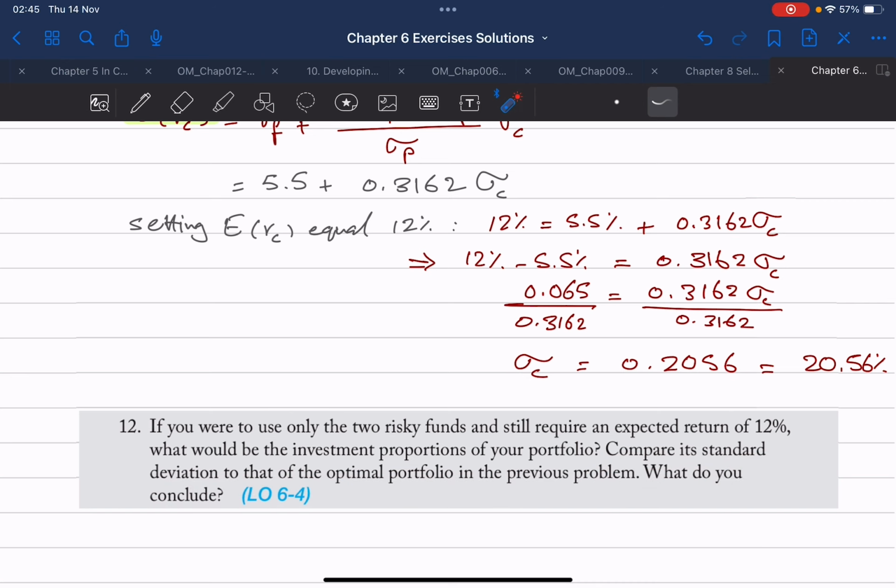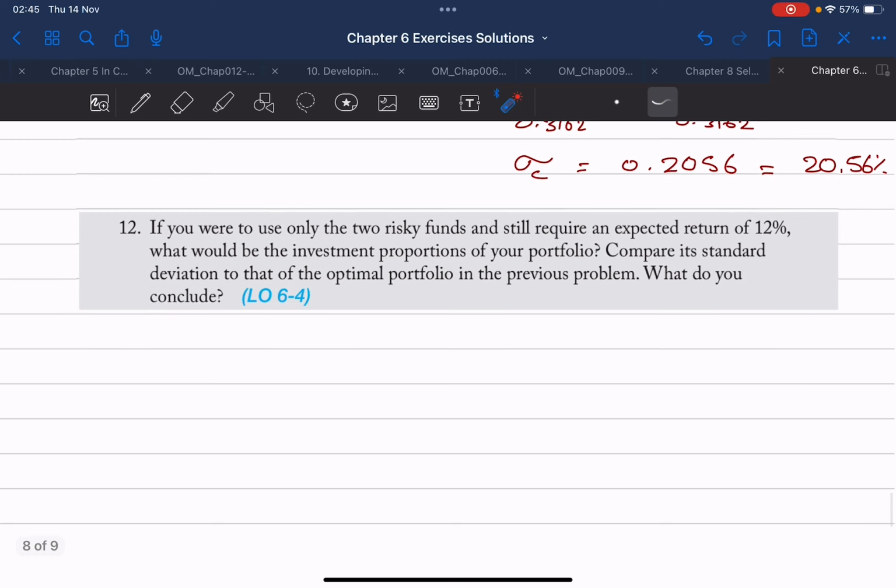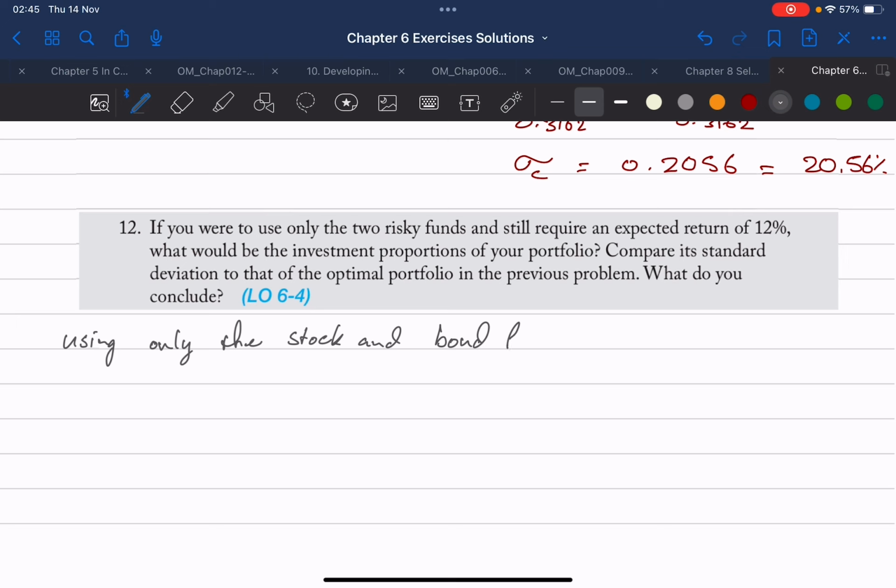So now, using only the stock and bond funds, let's write that down.